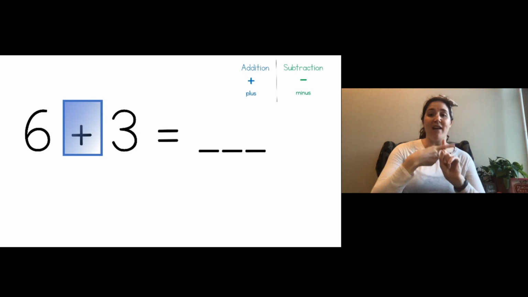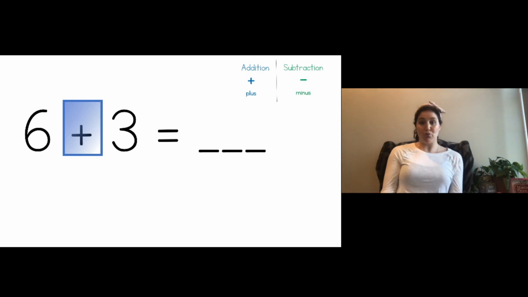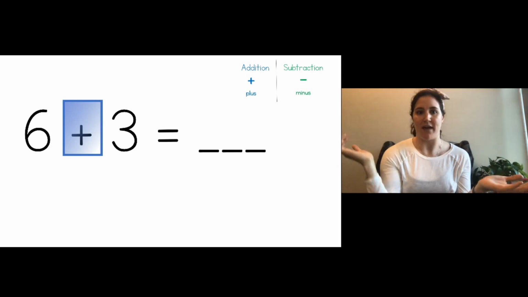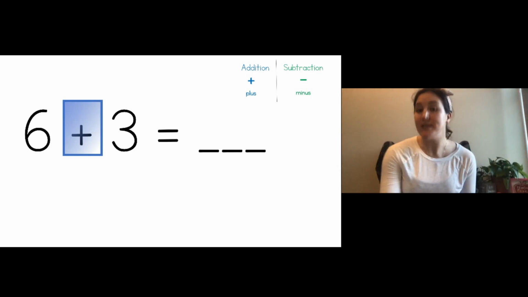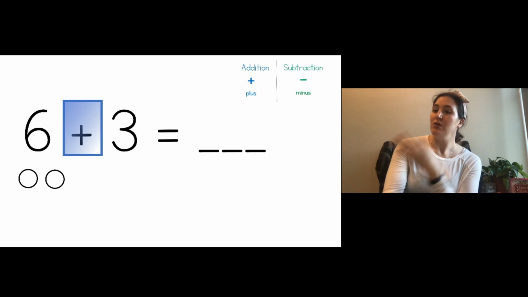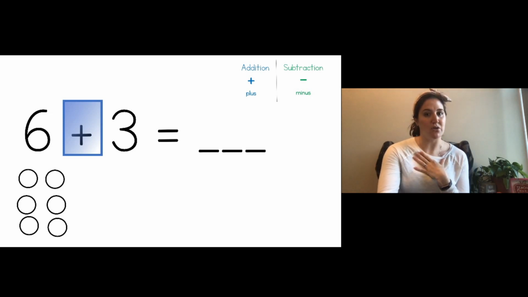When I have plus, that means that I'm going to be adding 2 groups together to figure out how many are there all together. First, watch me draw those 6 circles to start. 1, 2, 3, 4, 5, 6. So I drew 6 circles to start.